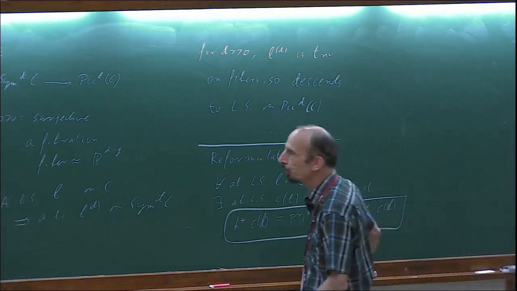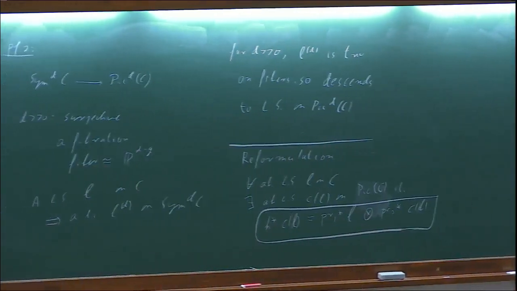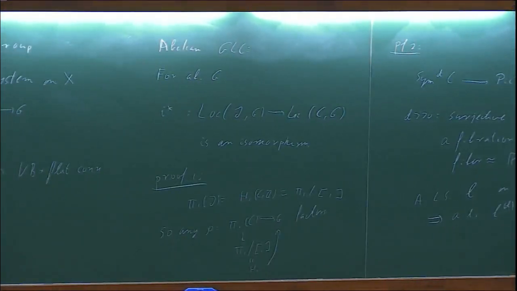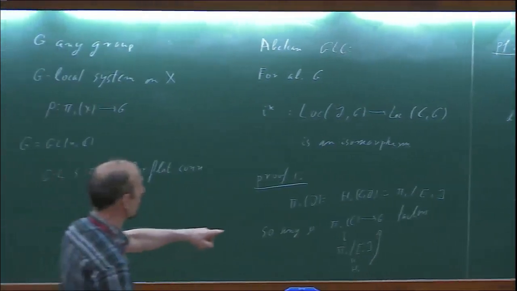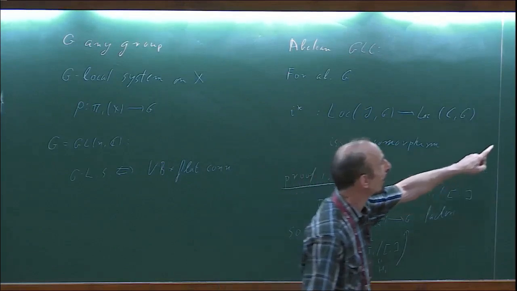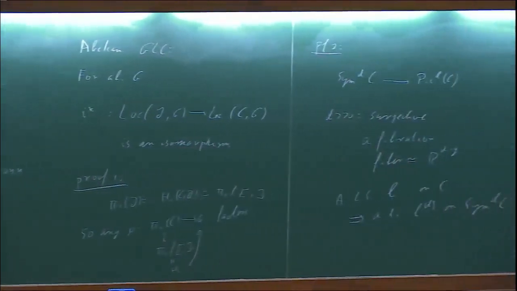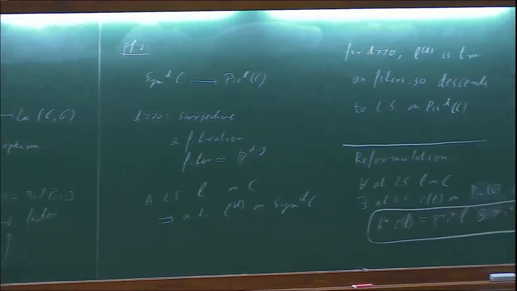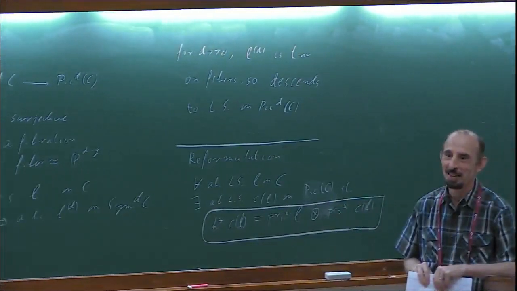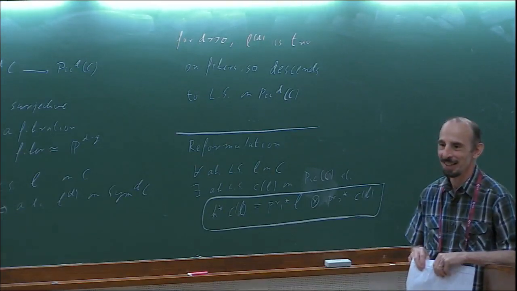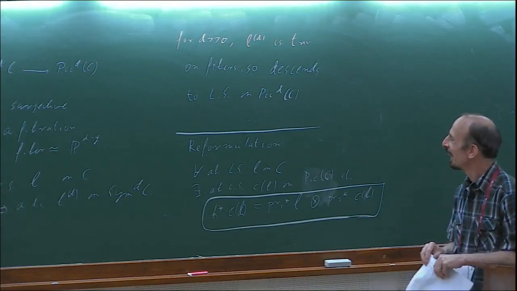So let's try to generalize it. Excellent. I was hoping somebody would ask that. So in the first proof, it's clear where I use the fact that G is abelian. Where did I use it in the second proof? Yeah. So what about Sym^d? Right.